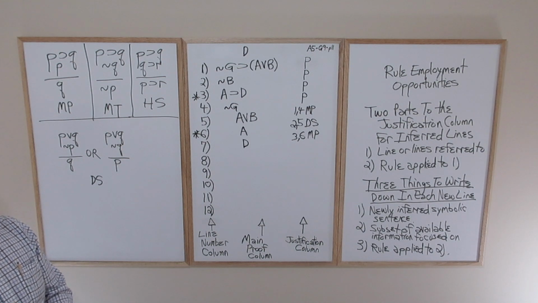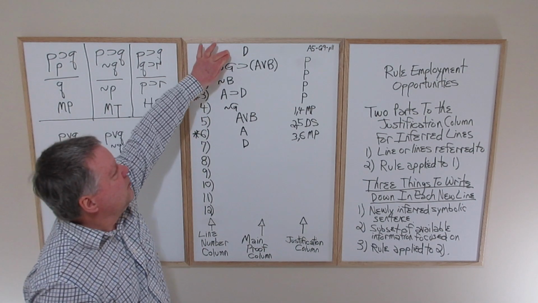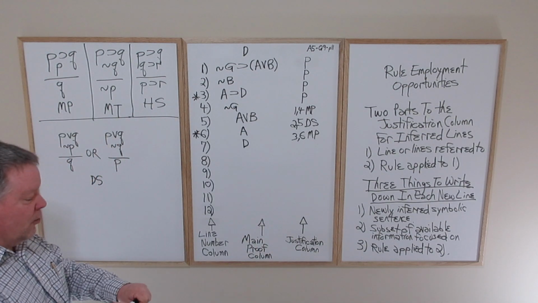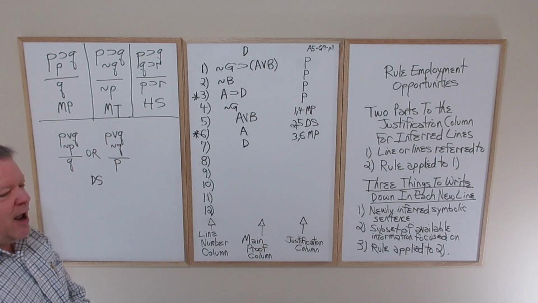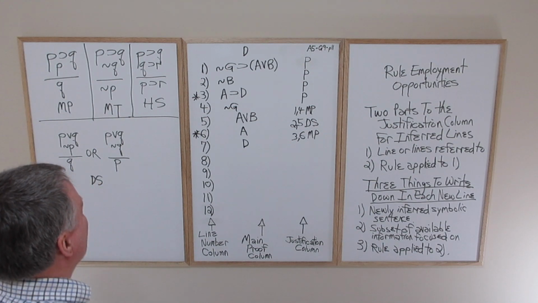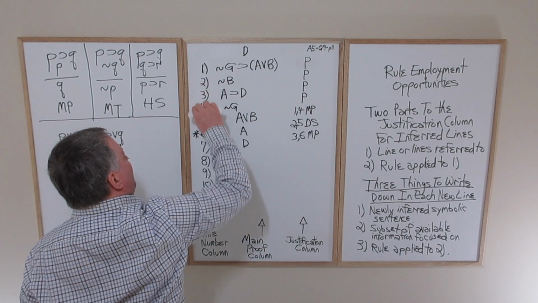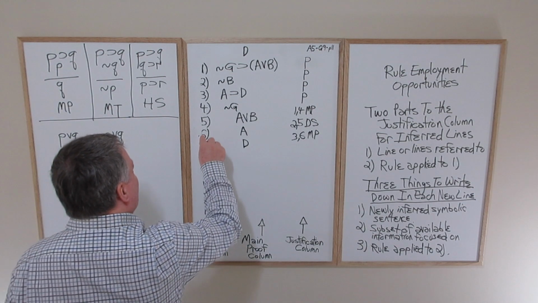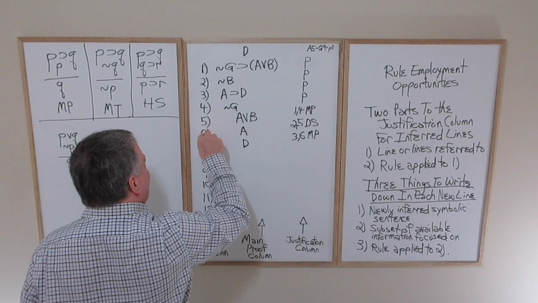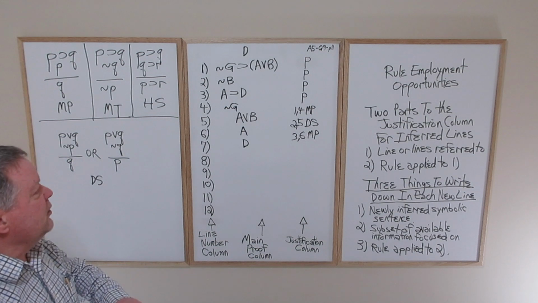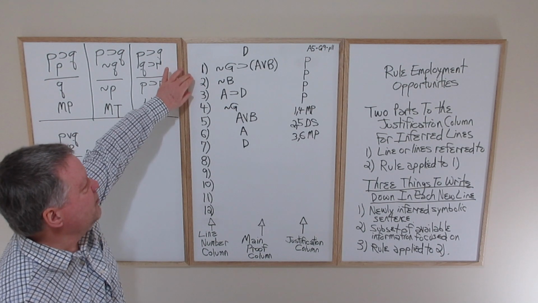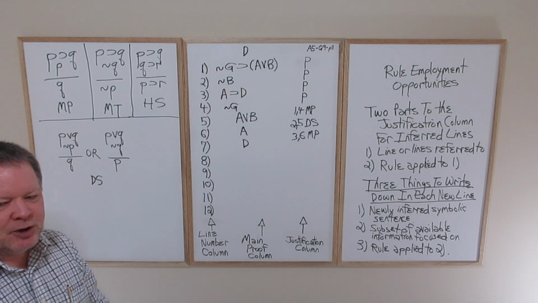And at this very early stage, since that was our goal line, that's how we know it's time to end the proof. So this was a fairly short and straightforward proof. 3 lines of inference took us from our 4 premises to the conclusion.